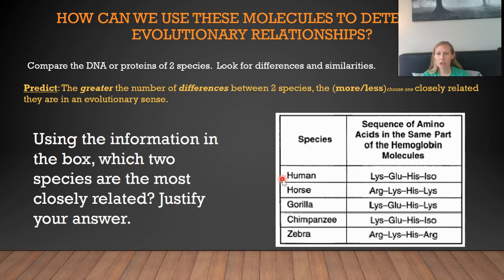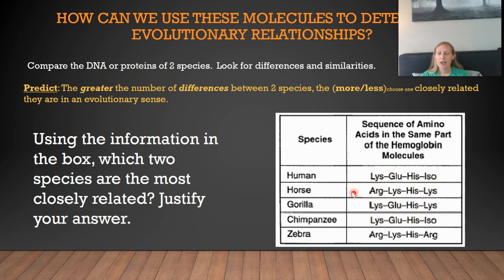Okay, hopefully you picked the human and the chimpanzee. Now it says justify your answer. So tell me why. Well, the human's amino acids are lysine, glutamine, histidine, isoleucine, and the chimpanzee's match that pattern exactly.